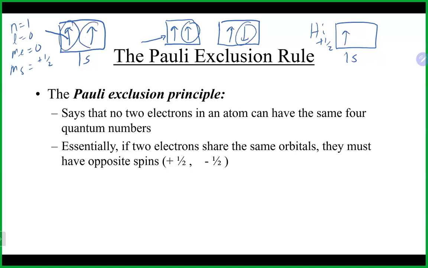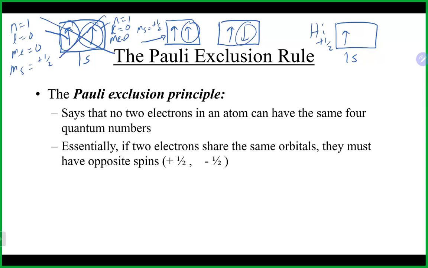Now, clearly, this electron is pointing in the exact same direction, which means if you did it for this guy, you would also get an n equals 1, an l that equals 0, an m sub l that equals 0, and an m sub s that equals plus 1/2. Those are the exact same four quantum numbers. This would violate what is known as Pauli's exclusion rule. You cannot do that because they all have the same numbers.